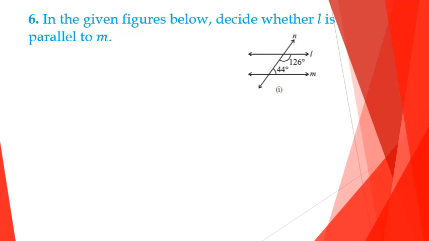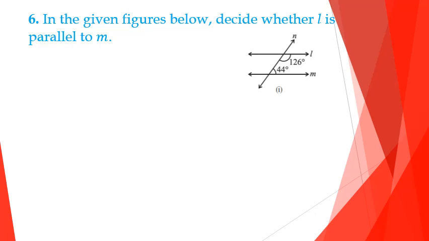What are the conditions for the given lines to be parallel? Maybe the corresponding angles are equal, or the alternate interior angles are equal, or the interior angles on the same side of the transversal are supplementary.